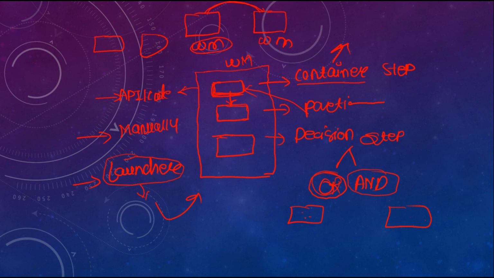If you want both conditions to be satisfied, then you use AND, and if you want any one condition to be satisfied, then you go with OR. You guys have some idea, I know already, because you have already learned Java. So this is condition based.